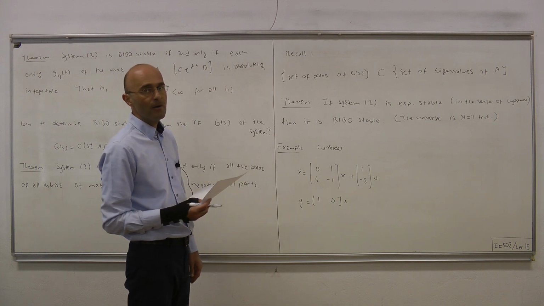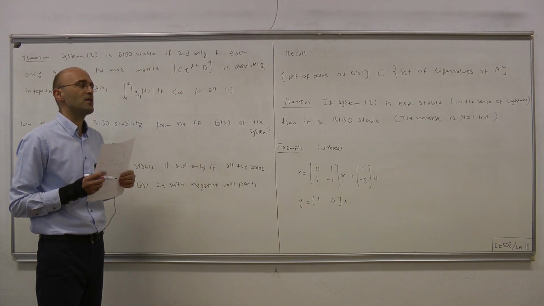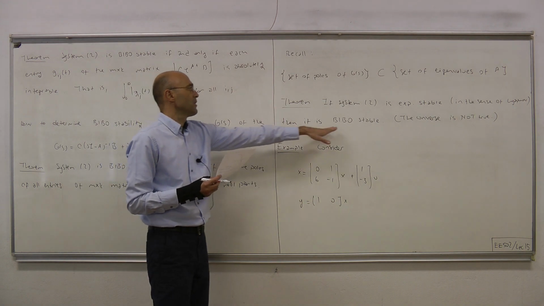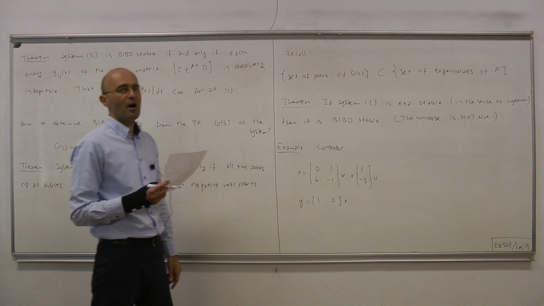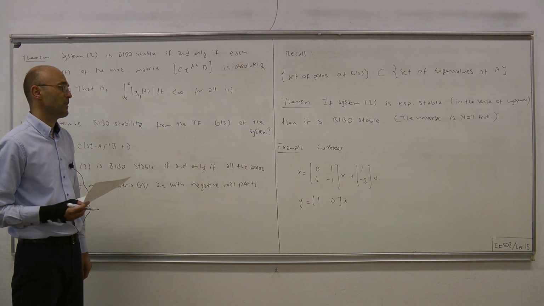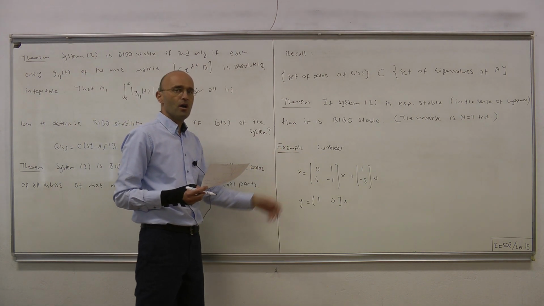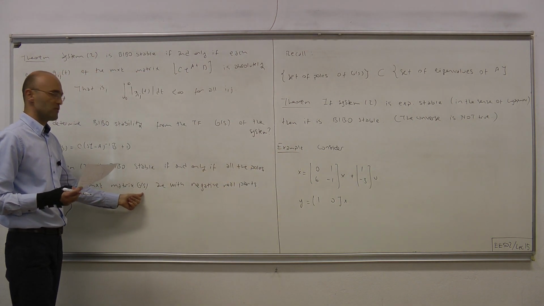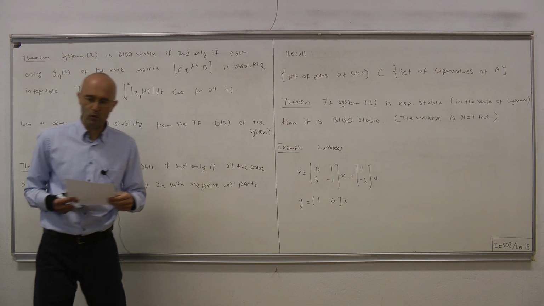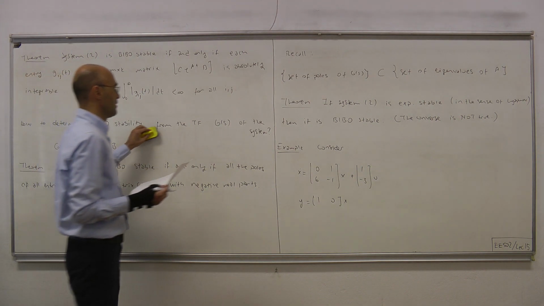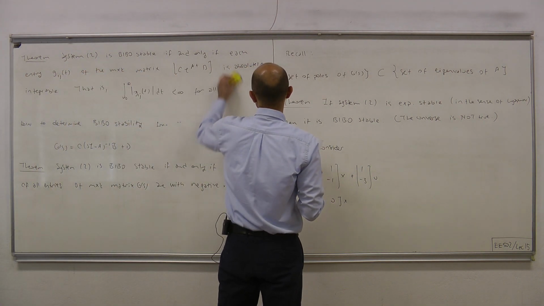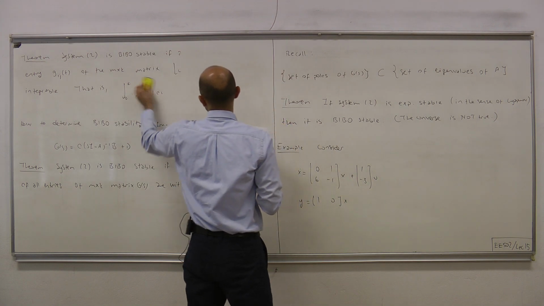If all of them have strictly negative real parts, then we can stop there. This system must be bounded input, bounded output stable. If not, then we have to go one step further and compute the transfer function and check the pole locations. So let's figure out the eigenvalues of our A matrix.